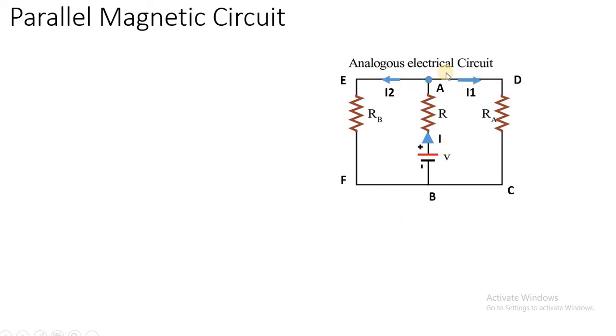Okay. So, now there are 3 branches. First branch is the middle branch, carrying the current I and having the resistance R. Then the EF branch is having the resistance RB and taking the current I2.